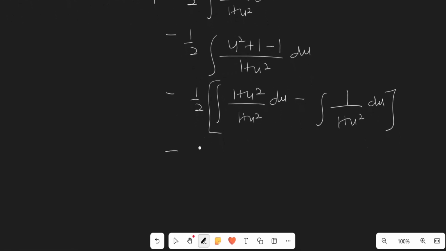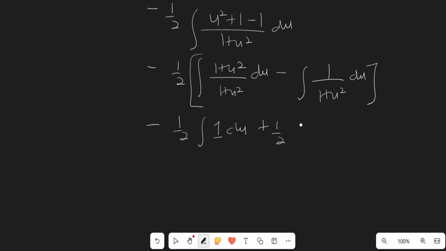This simplifies to become minus 1/2 the integral of 1 du plus 1/2 the integral of 1 over 1 plus u squared du.